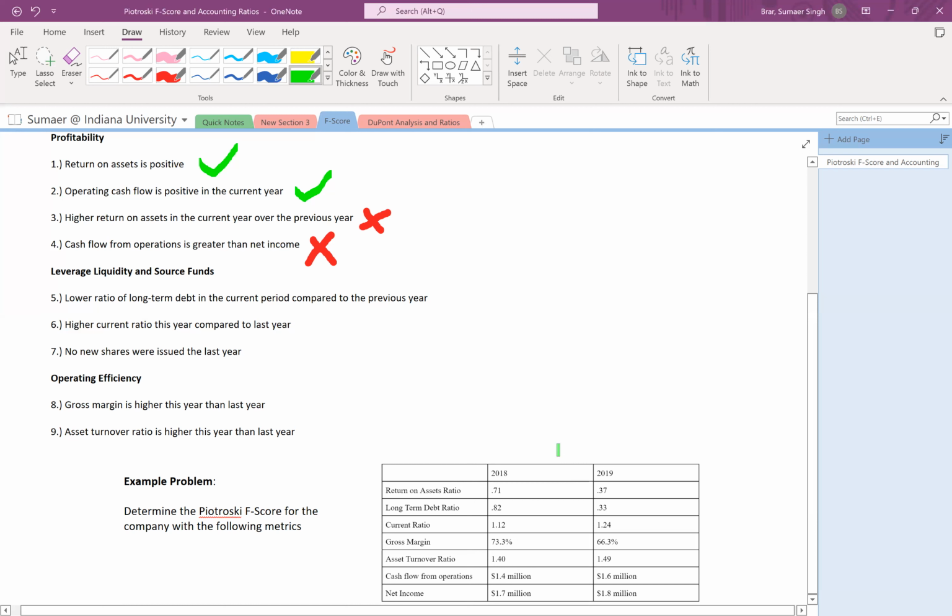So obviously our company does have less debt compared to last year. So we will mark this as yes.